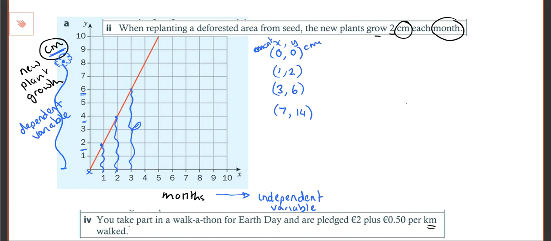But we could just say it's 1, 2, 2, 4, 3, 6, 4, 8. We pick these coordinates, yeah? Now, something that I like to really hammer home, it helps people understand, is: do we join these points with a line?